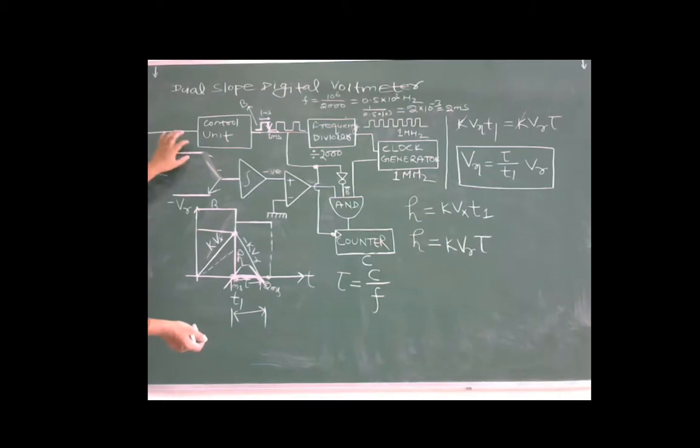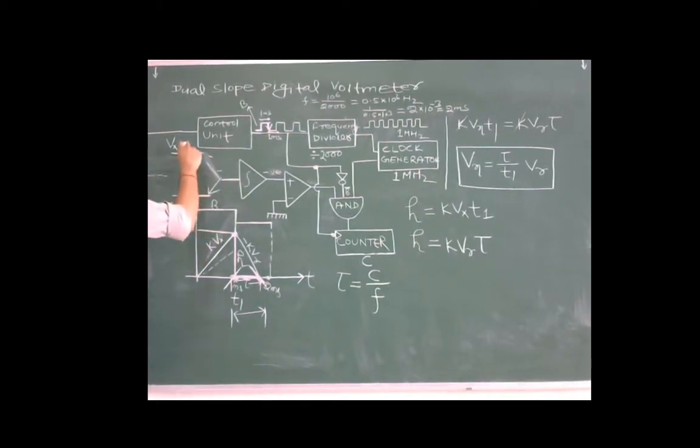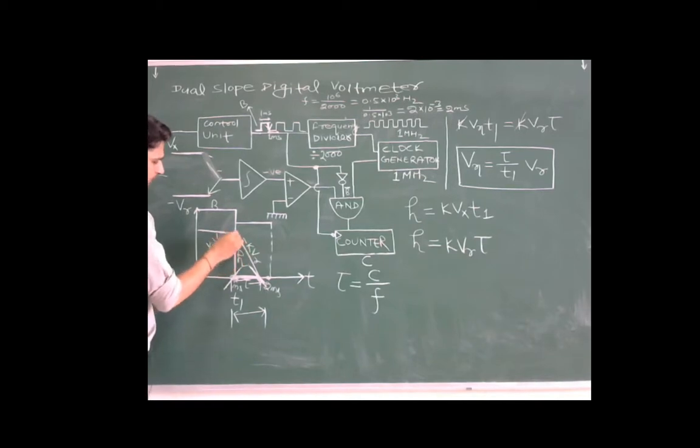It means that for 1 millisecond this switch will be connected to Vx, and for the remaining 1 millisecond this switch will be connected to minus Vr. When this switch is connected to Vx, the output of the integrator will keep rising. It will rise till 1 millisecond, and in the next 1 millisecond it will start falling.